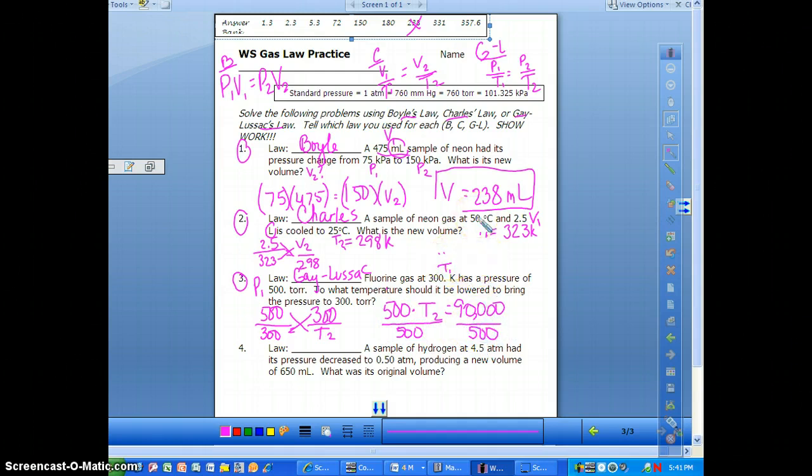And T2 is 150 Kelvin when you divide that. So there's an example of a Boyle, a Charles, and a Gay-Lussac. And you have some more to do on your own. And you should be ready to do that now.